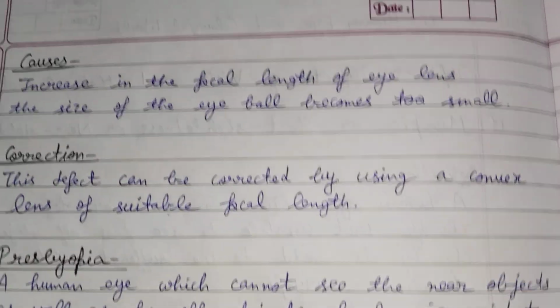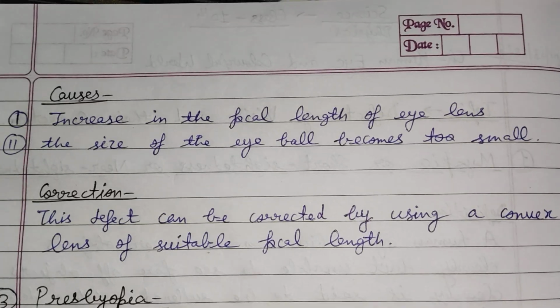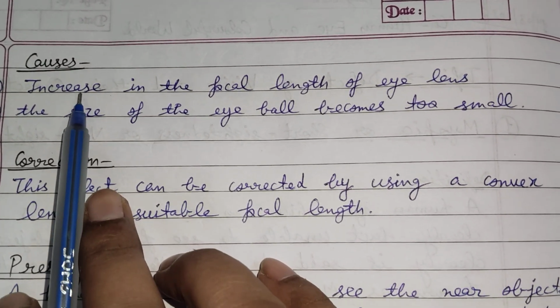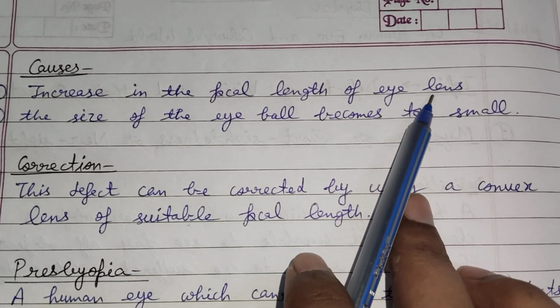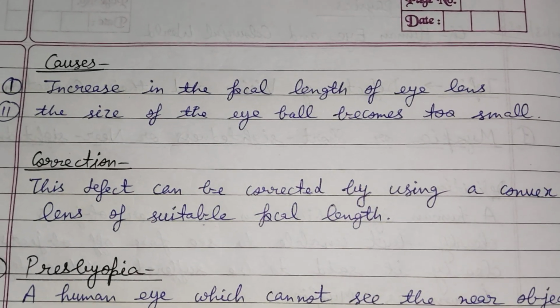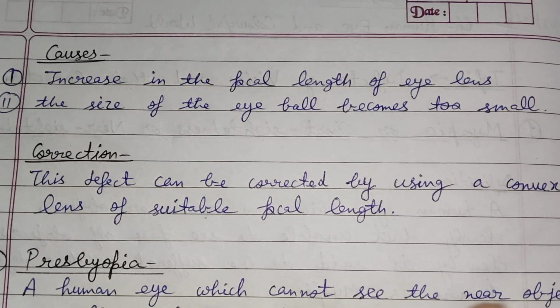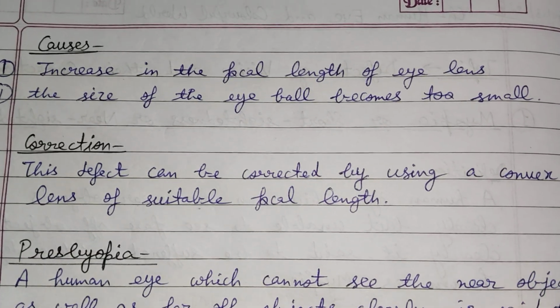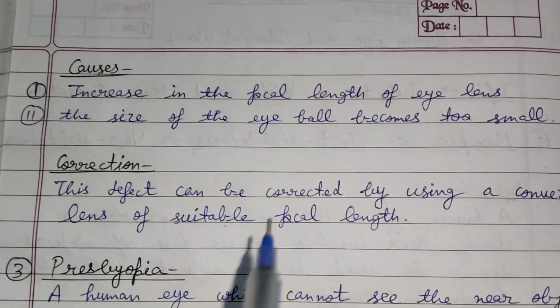What are the causes of this defect? The cause is when there is an increase in the focal length of the eye lens. That means the focal length increases, the lens becomes thin, and then the rays of light will go beyond the retina.